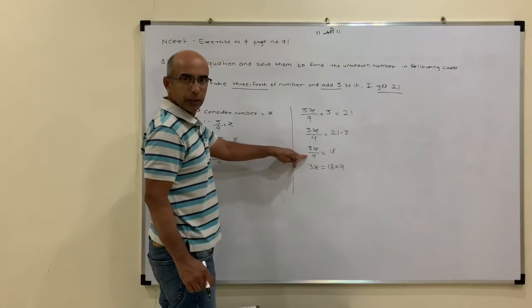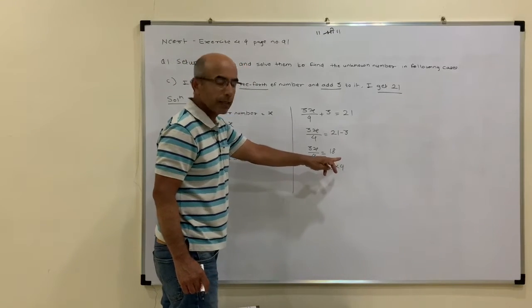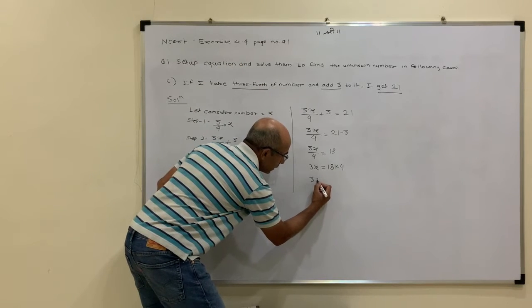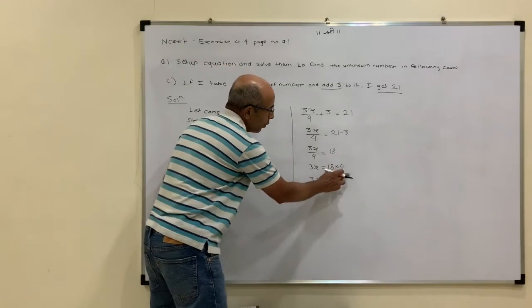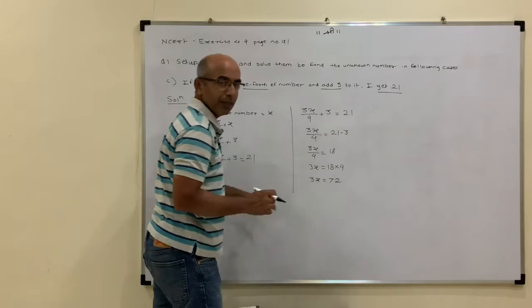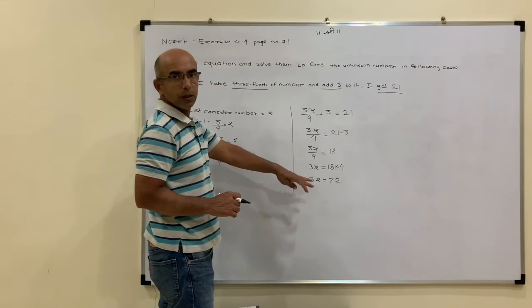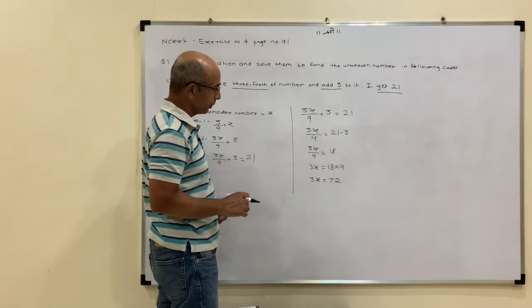Since 4 is divided on the left hand side, when I transpose it onto the right hand side, it will be multiplied. So my next step is 3x equals 18 4s. 18 4s is 72. Let me reiterate that you need to learn by heart tables from 2 to 30 to have quick solutions to the problem.